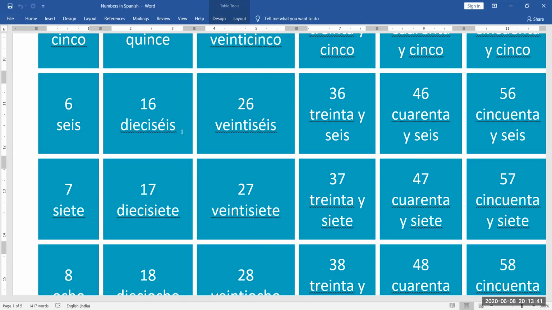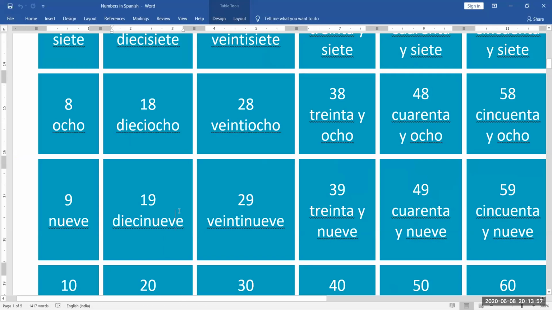Anyone wants to go with 17? Give it a shot. Yeah, go ahead, Varun. 17. Bhavna, how about 18?